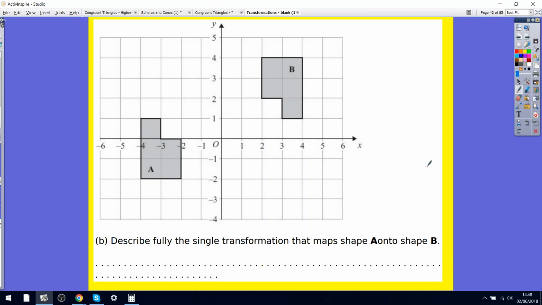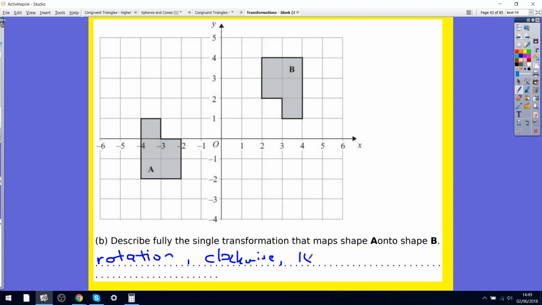So how about this one? From A to B. What rotation has happened there? That's it.